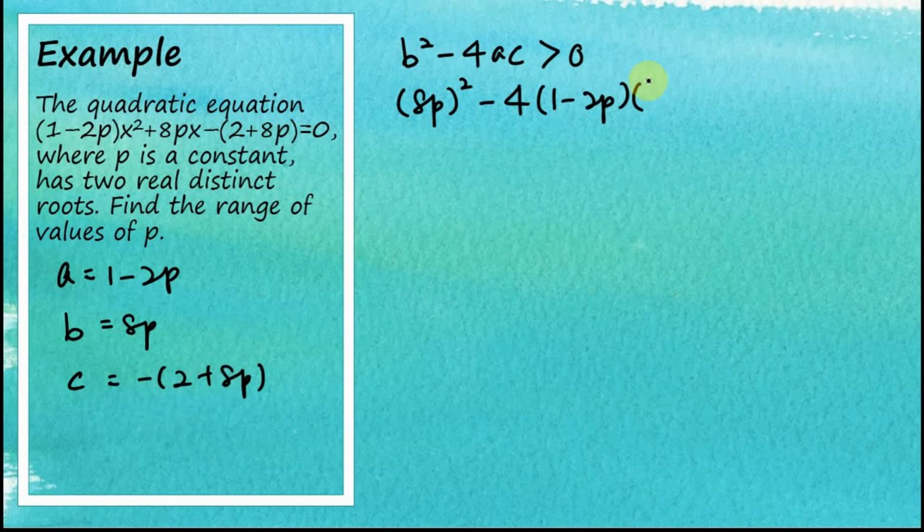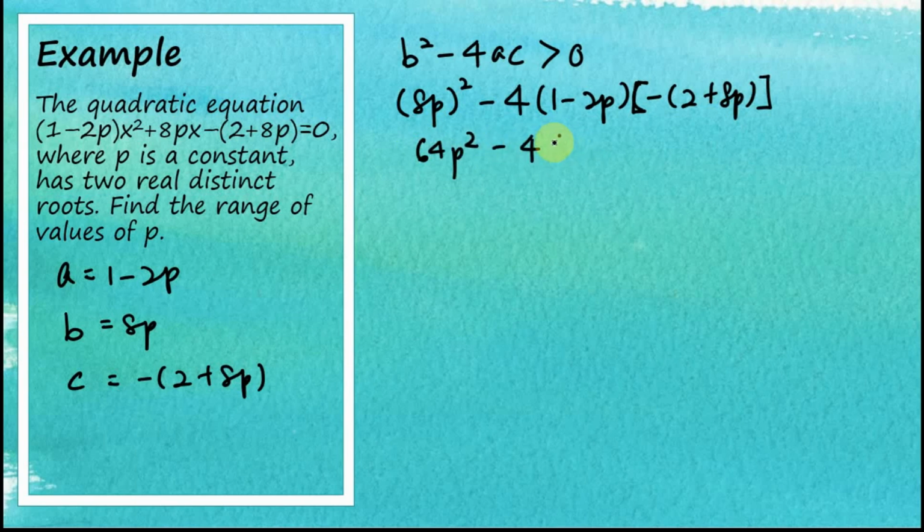Okay, let's change this to the square brackets. So -2 plus 8p. Okay, so this is equal to 64p squared minus 4.